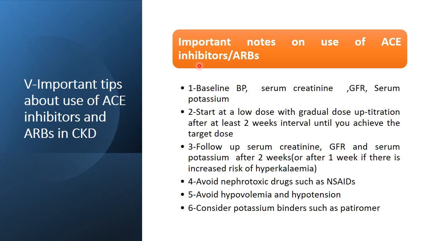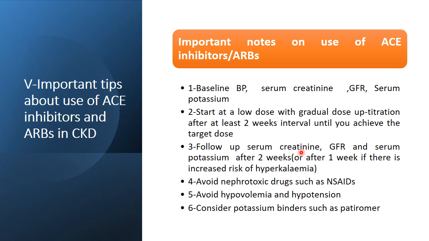How to use ACE inhibitors or ARBs safely in patients with chronic kidney disease. Obtain a baseline blood pressure, serum creatinine level, GFR, and serum potassium before initiation of ACE inhibitors or ARBs. Start at a low dose with gradual dose up-titration after at least a 2-week interval until you achieve the target dose.